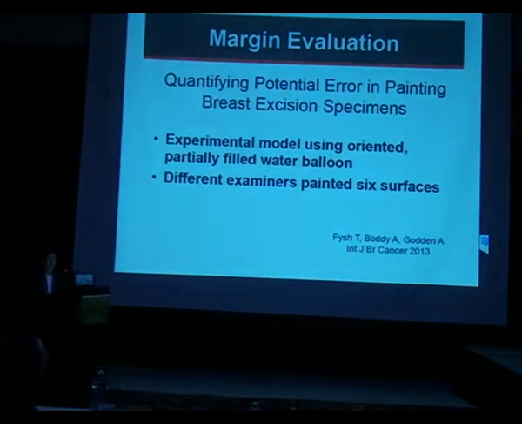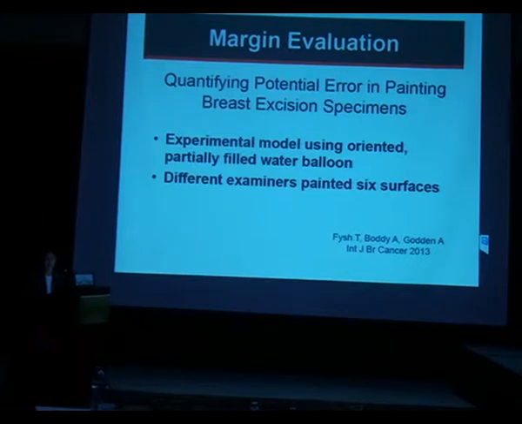In terms of precision of painting the breast specimens, as I said, even though 2 margins are indicated as superior lateral or inferior medial, how are we going to say where the inferior or superior margin starts and ends?